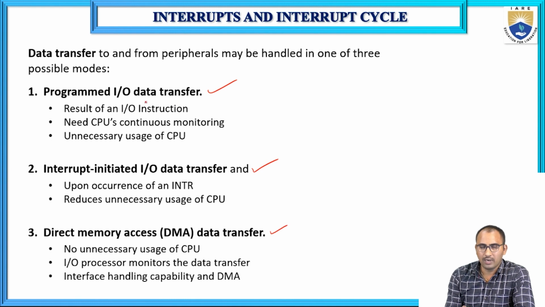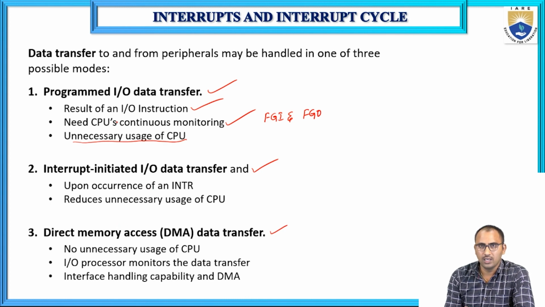This programmed IO data transfer takes place as a result of an IO instruction. So by executing some IO instructions, the data transfer will take place. It needs the CPU's continuous monitoring, because the CPU has to continuously check the input flag and output flag. That means there is unnecessary usage of the CPU.